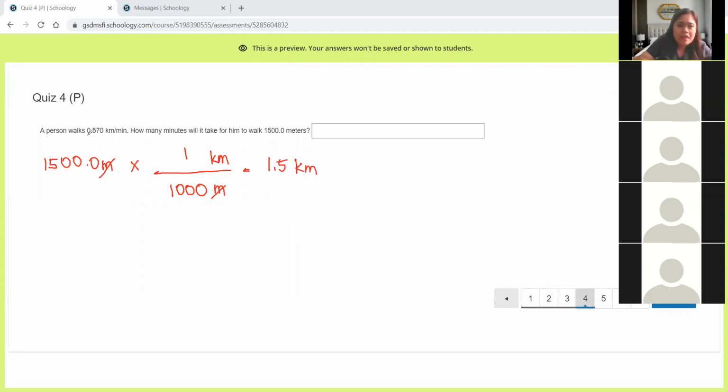Now, unsa iyahang speed? Ang iyahang speed daw kay 0.570 kilometers per minute. So, pwede ninyo siya anion class, ibaliktad ninyo sa baba class ang kilometers para makancel. Always remember ha, dapat makancel yun na siya sa isa ka minute o na iyahang speed. So, automatic 1 na siya dira. This is 0.570.